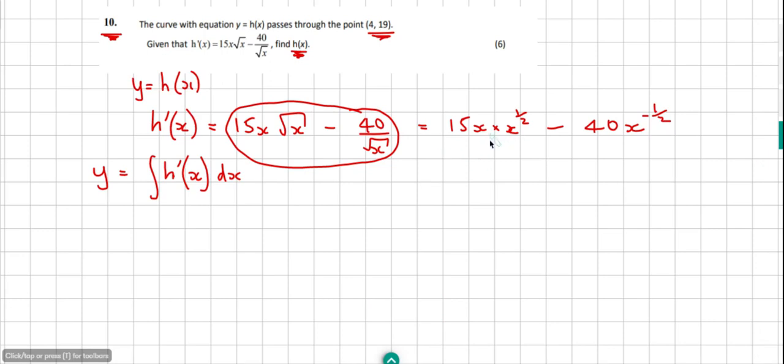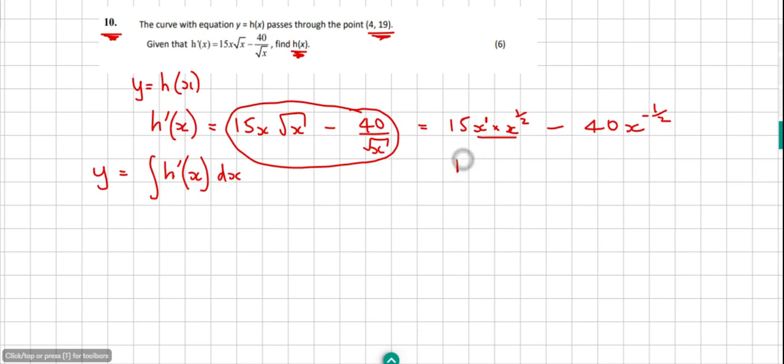And I'm just going to tidy this bit up again. So the x and the x to the half. When we multiply things with powers, we add the powers. So that's actually an x to the power 1. If we add 1 to the half, we get 1.5, which is 3 over 2 if we write it as an improper fraction.